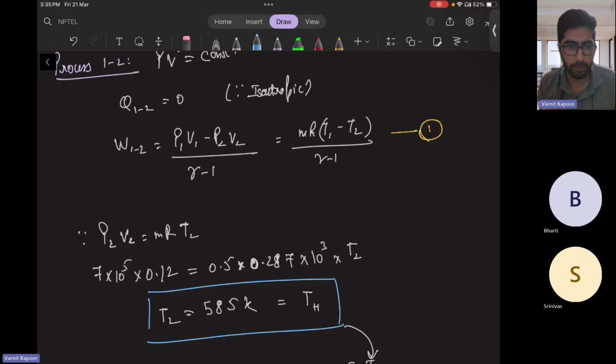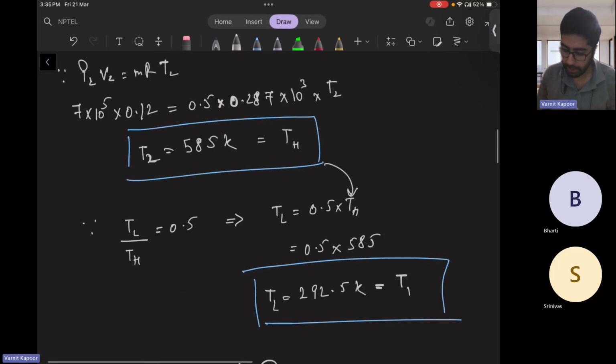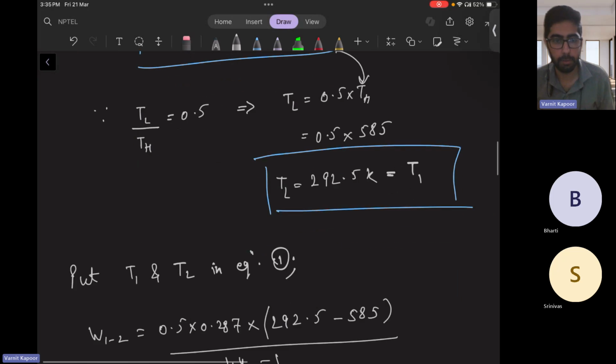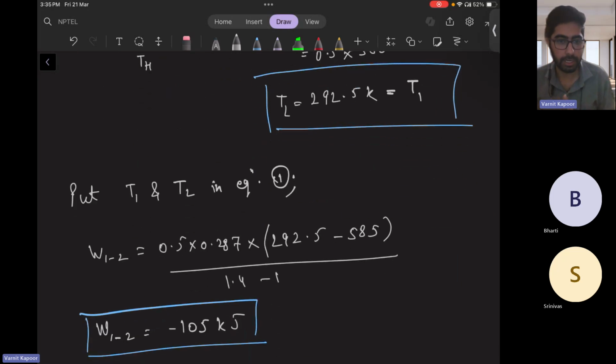So first of all, we will get T2 from the expression P2 V2 is equal to MRT2, because you know P2, V2, M and R. You get T2, that is your T higher, as 585. Also from this ratio T lower to T higher is 0.5, you get T lower as 292.5, that is your T1. Put this T1 and T2 in equation number 1. You get the work 1 to 2 as negative 105, because it's the compression process. Work is absorbed by the system.